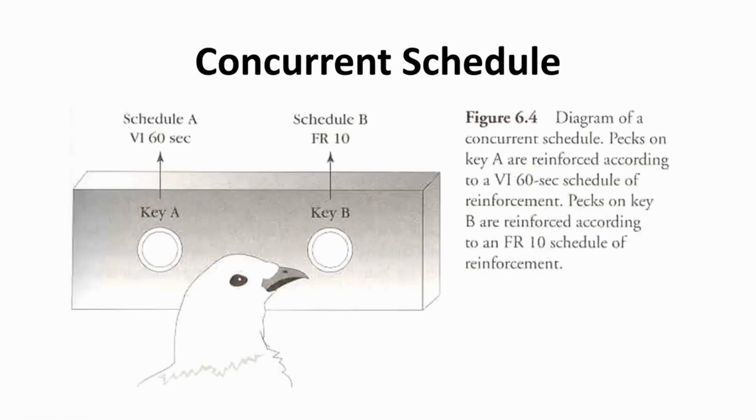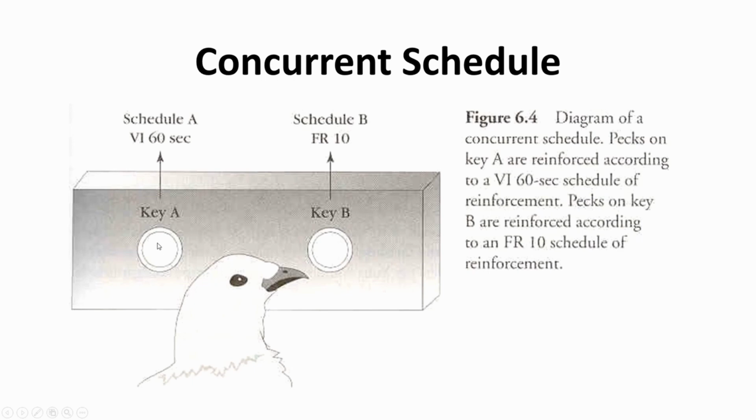Now, the standard method of testing this is very similar, again, to what we've been looking at so far. You can look at a Skinner box or an operant box, and there are usually 2 options available. So here we have a pigeon in an operant box with 2 possible keys, key A and key B. Each key would be associated with a different schedule of reinforcement.